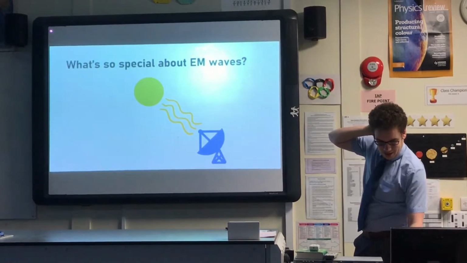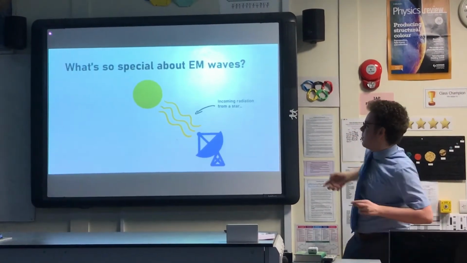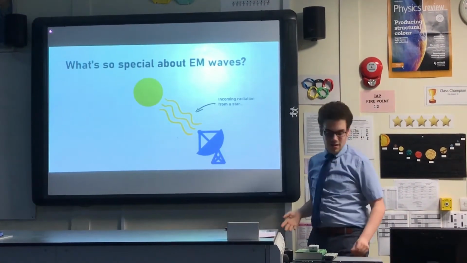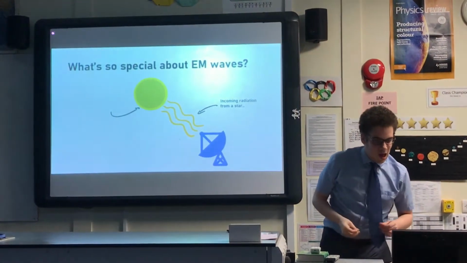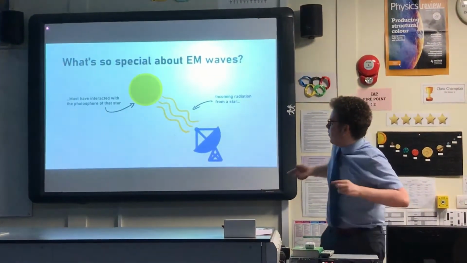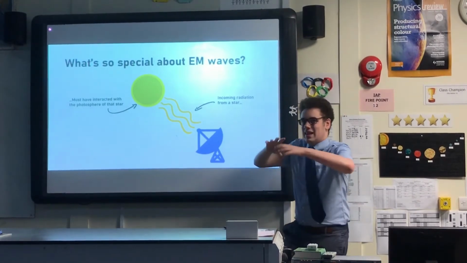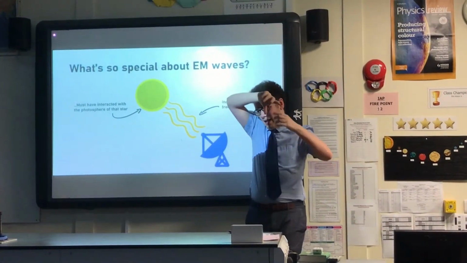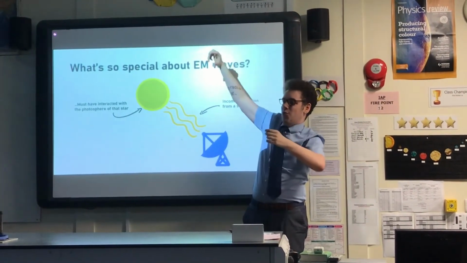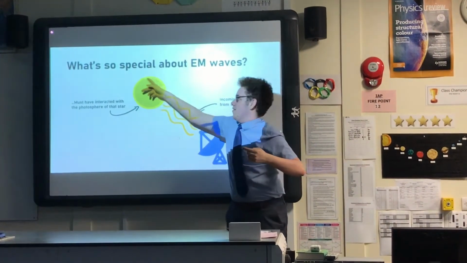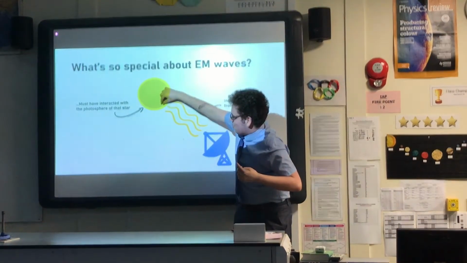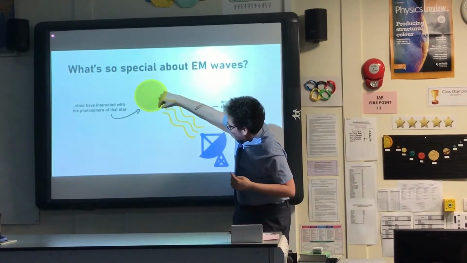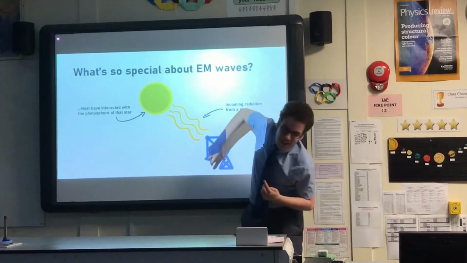Now, this incoming radiation from a star must have interacted with the photosphere of that star, which is a layer of matter around a star which photons have to pass through before escaping the star. So if the photons are generated here, they have to go through this bit of gas to come out to be detected by us.